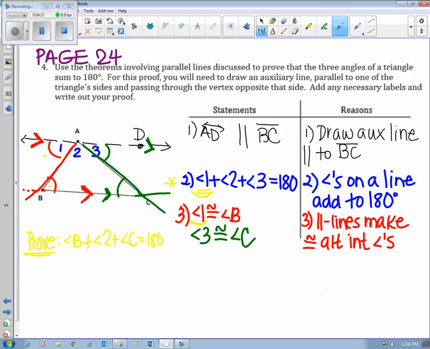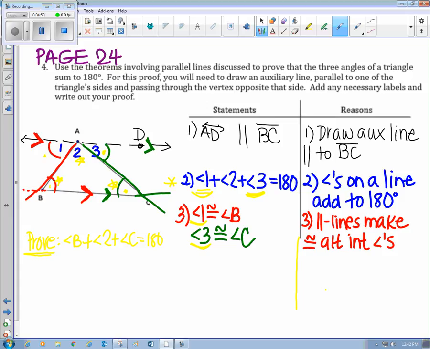And then the same thing happens with angle 3. I don't want angle 3 really in my statement. I want angle C because that's the one that's in the triangle, so that essentially these 3 angles will end up being added to 180. So over here, in this sentence where I see the angle 3, I know angle 3 is equal to angle C, so I can take the 3 out and put C in its place. And we've done a lot of practice with substitution, so this should be something that you feel relatively comfortable with.